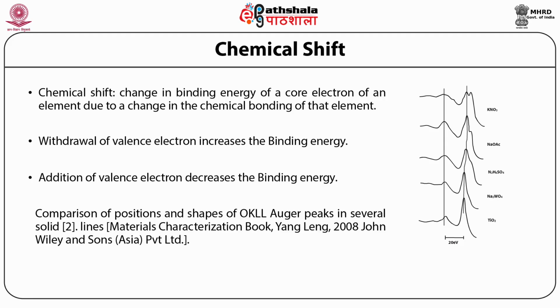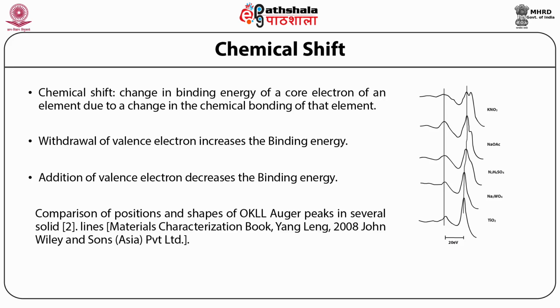In addition, Auger peak shape may be affected by the chemical state. Also, the position and shape of oxygen KLL Auger peaks in different types of oxides is shown in figure 3.